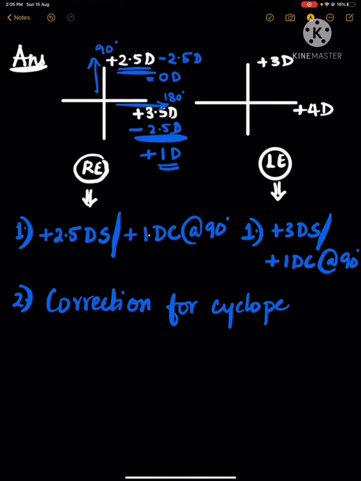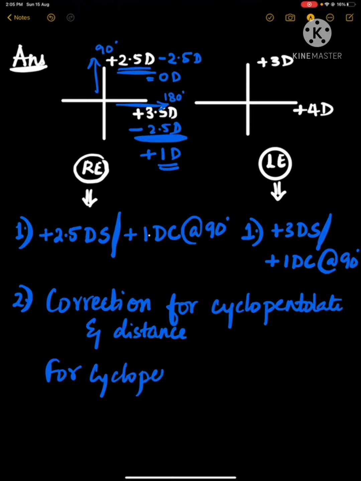I'm gonna write cyclopentolate itself, and distance. For cyclopentolate, it is 0.75 diopters. For homatropine, it's 0.5. For atropine, it is 1.